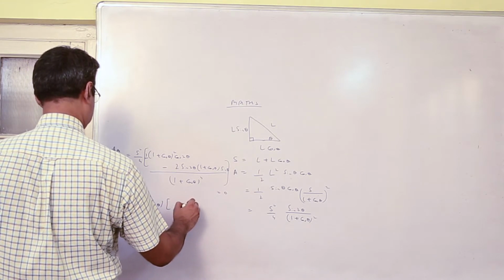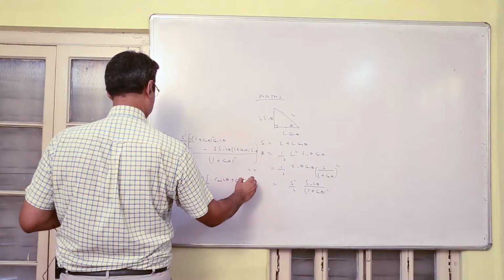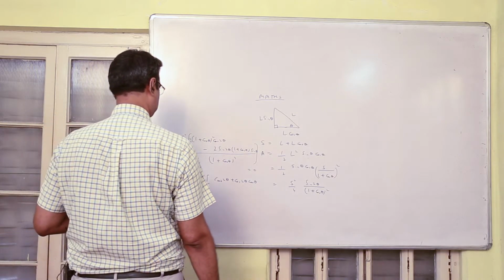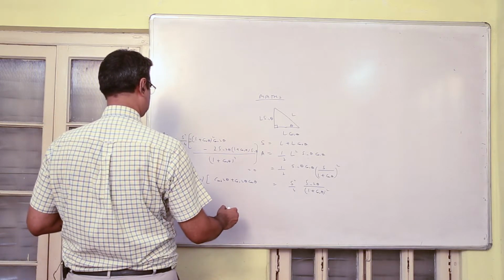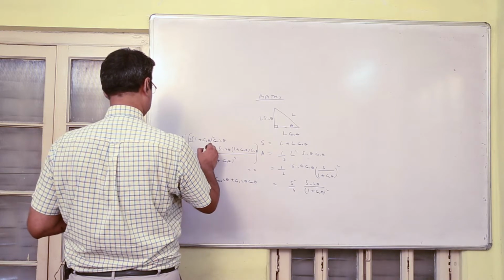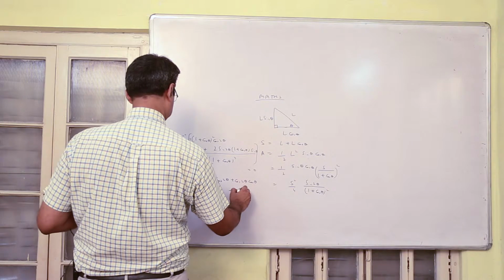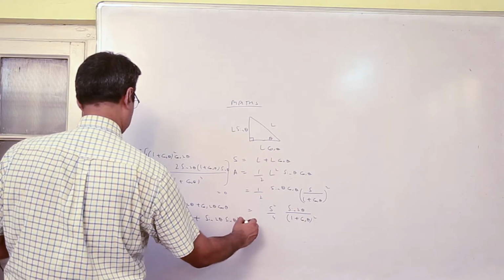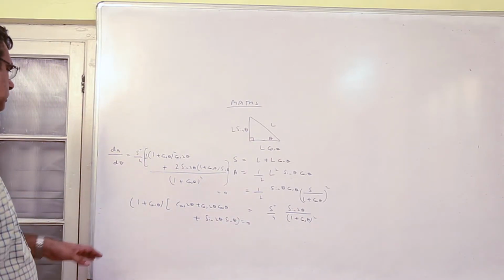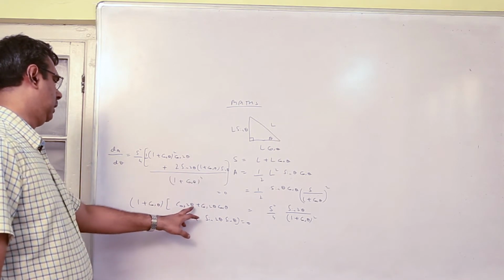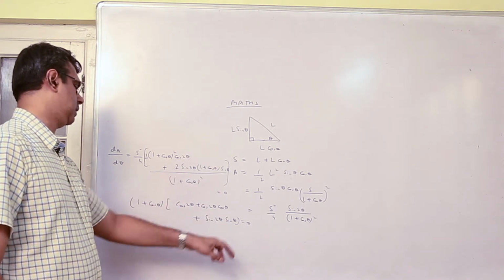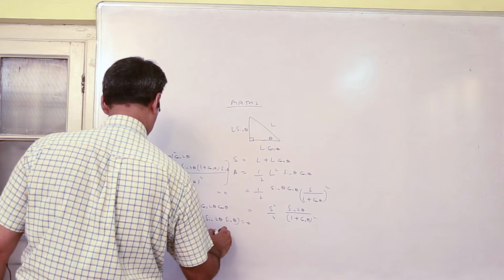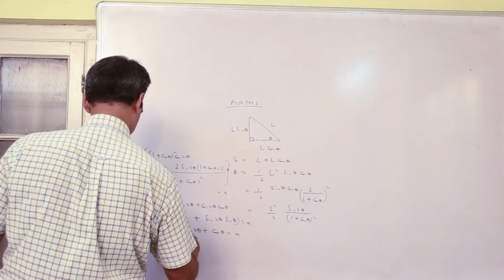So you will get, if you take 1 plus cos theta common, cos 2 theta plus cos 2 theta cos theta plus sin 2 theta sin theta equals 0. So you will get cos 2 theta plus cos theta equals 0.